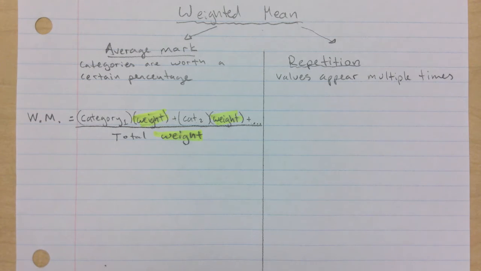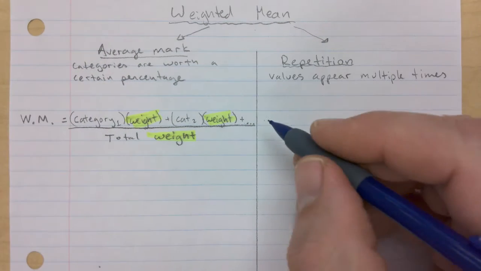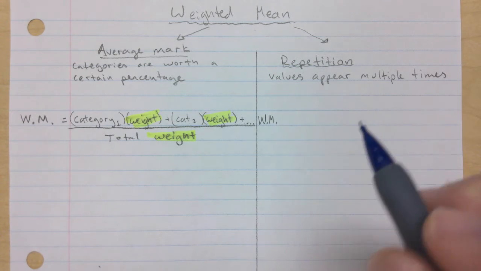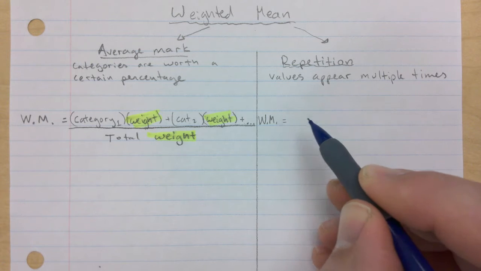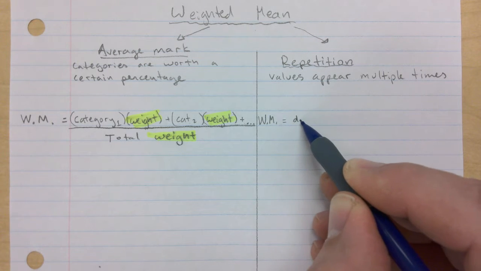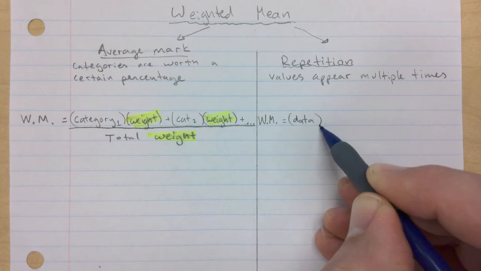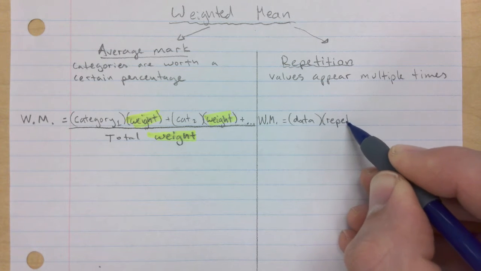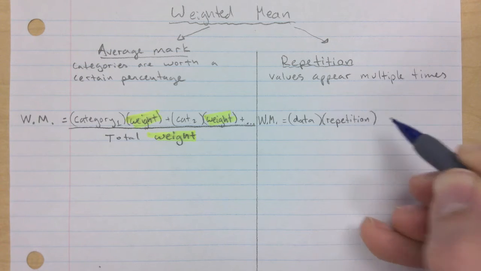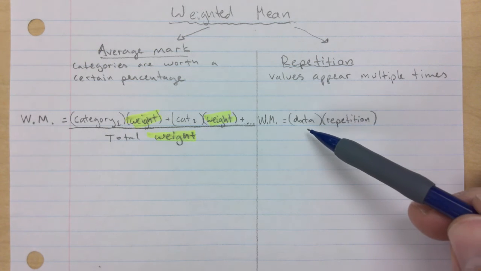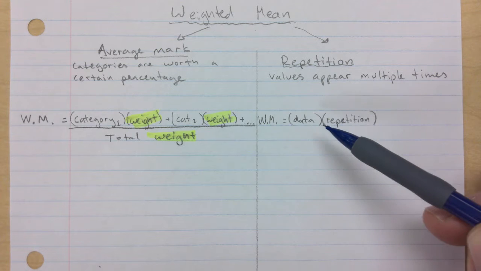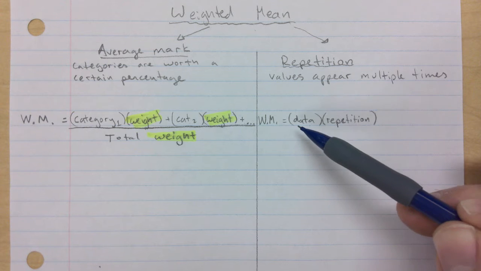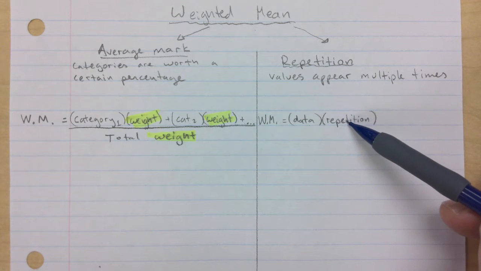Repetition, on the other hand, is a little different, but there are some similarities. For the weighted mean, you have to go data times repetition. For example, there are 10 farmers making $30,000, so $30,000 times 10. This is how many times it occurs.